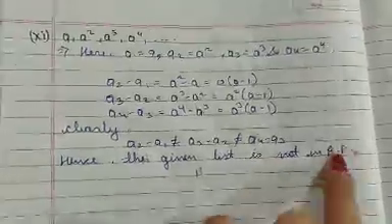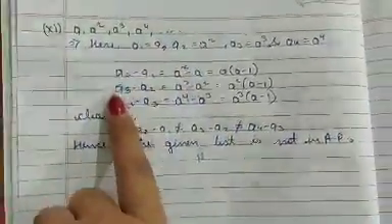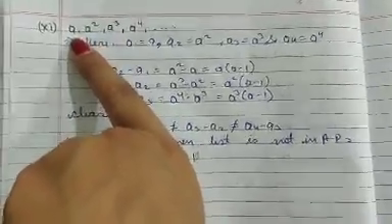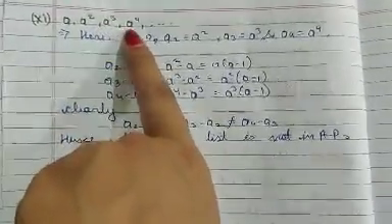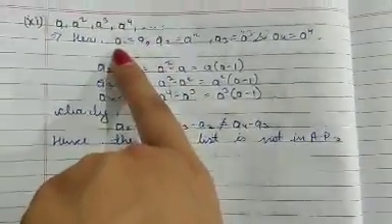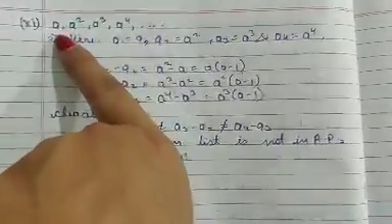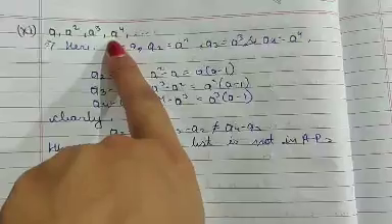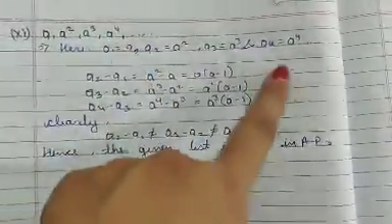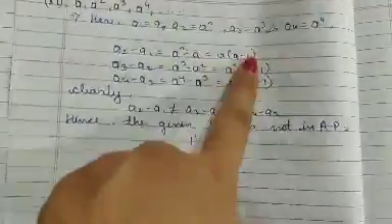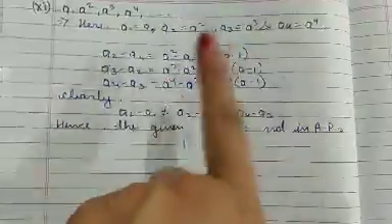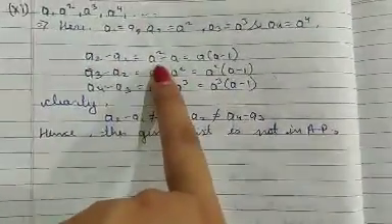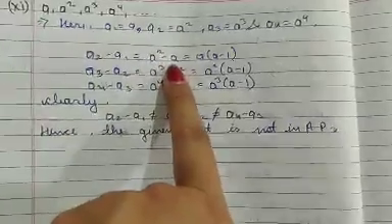See, the last bit, it is not the last, it is the ninth bit of the same question. We have a list of numbers: a, a square, a cube, a to the power 4, and so on. Here a1, the first term, is a, the second term is a square, the third term is a cube, and the fourth term is a to the power 4. To check whether this is in an AP or not, we need to find the difference between each two terms. So a2 minus a1 is a square minus a.